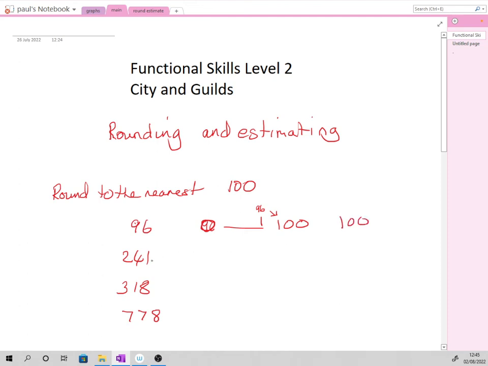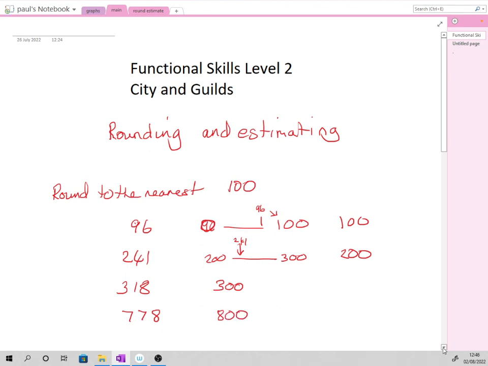And the same with this, 241 is nearer to 200 than it is 300. So that would be rounded down to 200. 318 would be rounded down to 300. And 778 would be rounded up to 800.